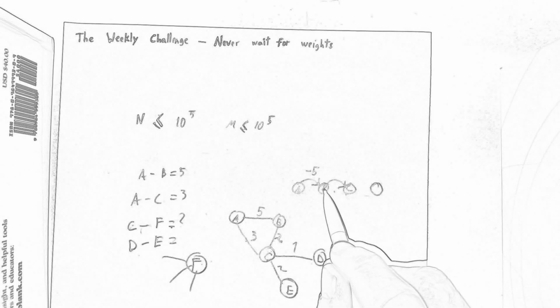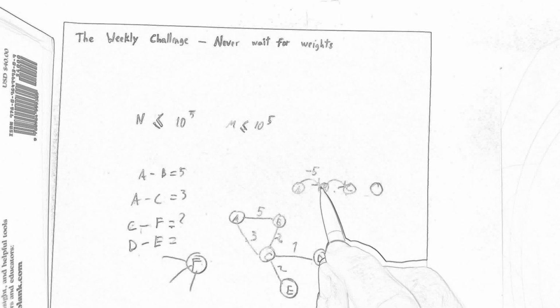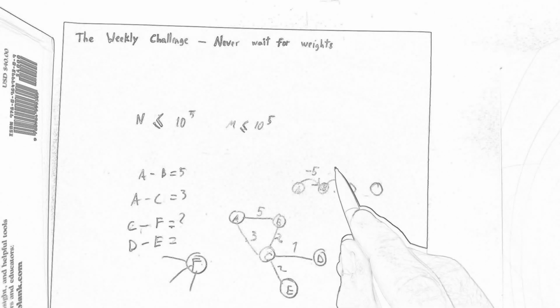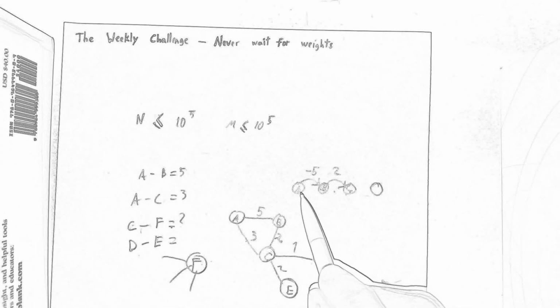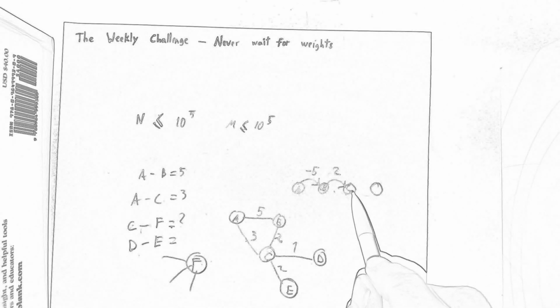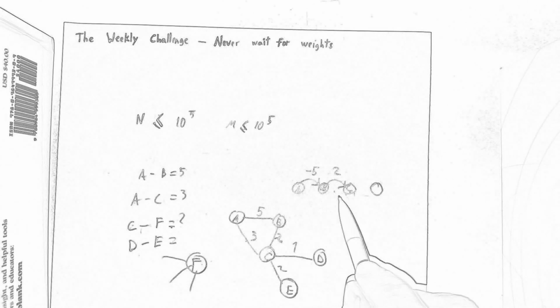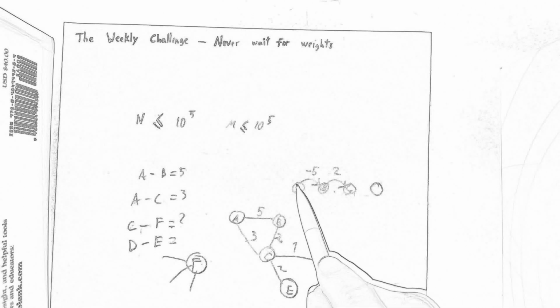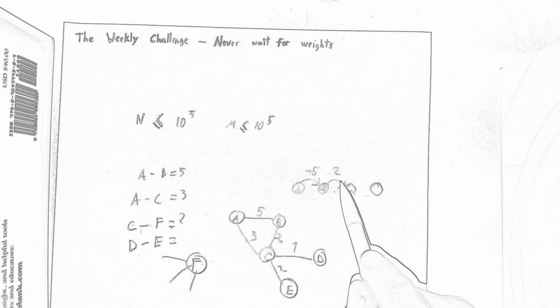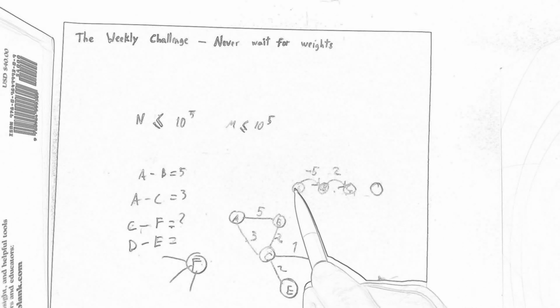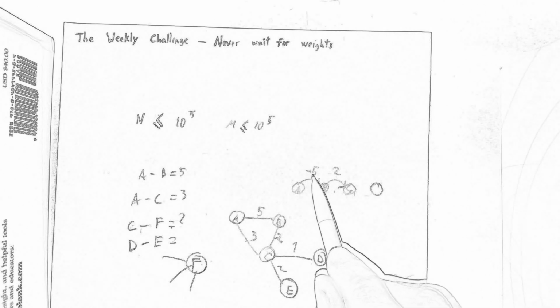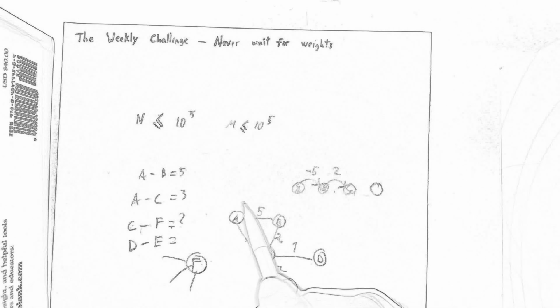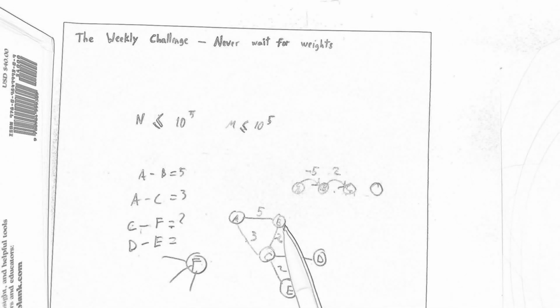So if we know that to get from B to C, we need to add 2, then when we are querying for the difference between A and its representative node, or A minus C in this case, we simply need to add the weights of the edges in the path from A to C. So in this case it would be minus 3. To get from A to C, we just need to subtract 3, which is consistent with the information we were given here.